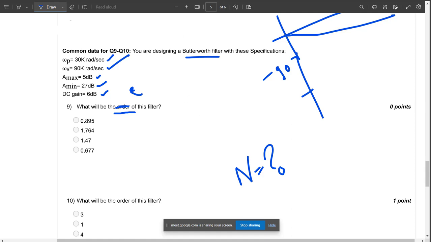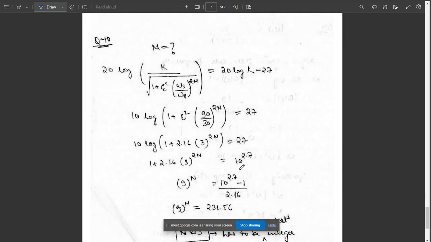So let's discuss the solution. We have to find n. We already know the values of omega s, omega p, and epsilon square. So 20 log k upon under root 1 plus epsilon square (omega s by omega p) to the 2n equals 20 log k minus 27.